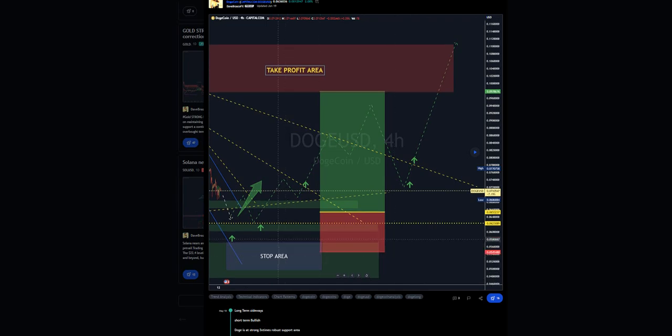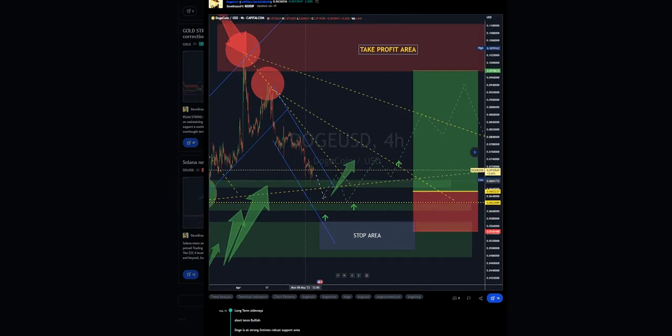It was on Monday, the 8th of May, that I made this prediction that Dogecoin is bullish and will go higher, but the market will come down first to bounce off this first support, and if it breaks it, we go to the major support, and this is the place I would place my stop area.